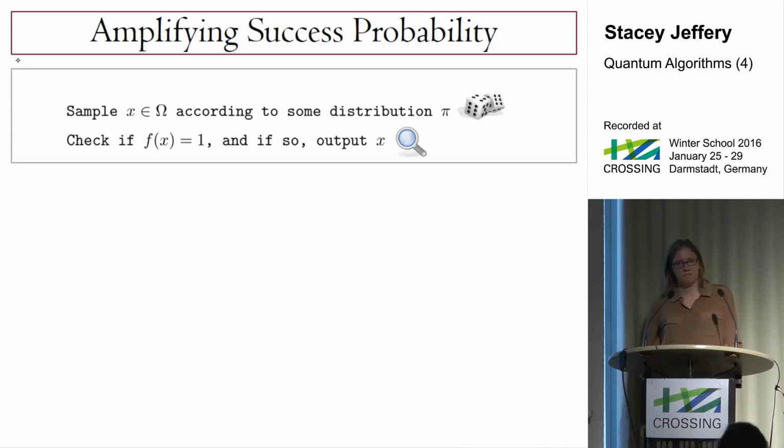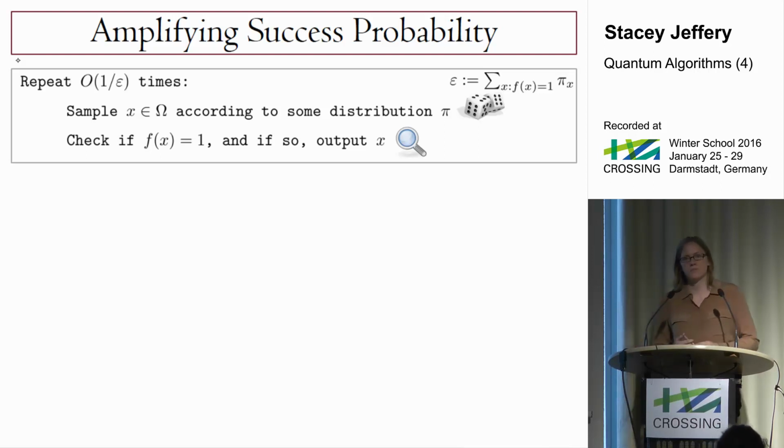So we check if f of x equals 1, and if so, we output x. And suppose that the probability when we sample according to pi of sampling the marked element is epsilon. So at every independent sample, we find a marked element or we succeed with probability epsilon. Then we need to repeat this thing 1 over epsilon times before we have constant probability of succeeding.